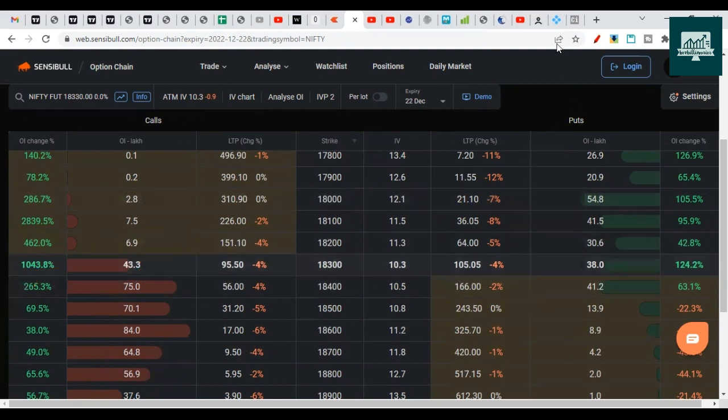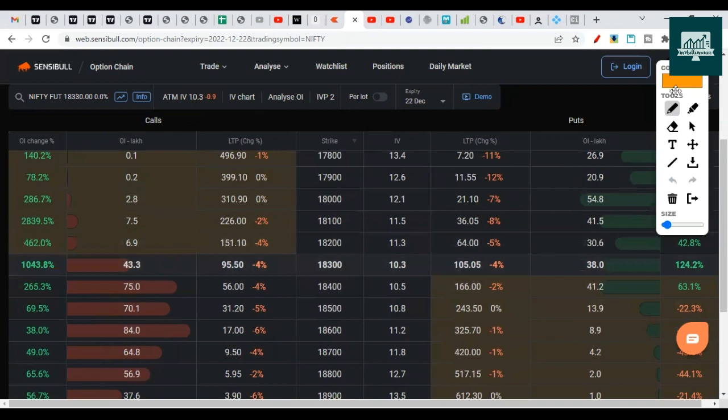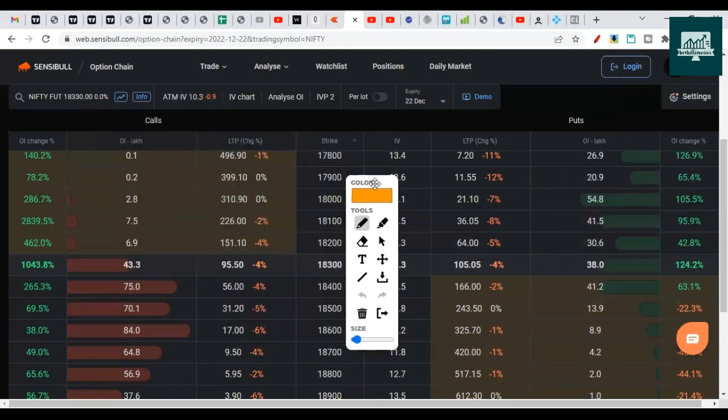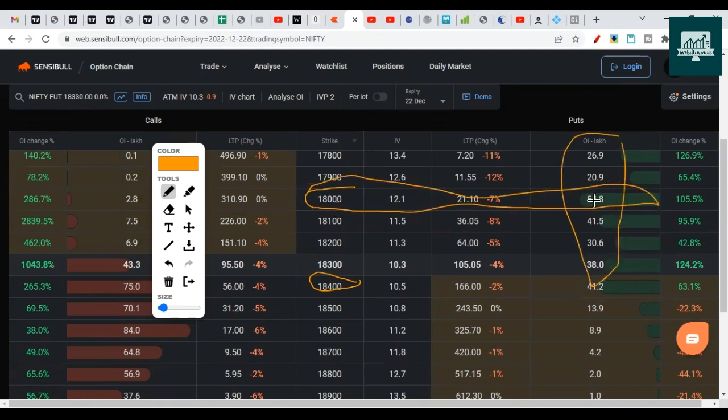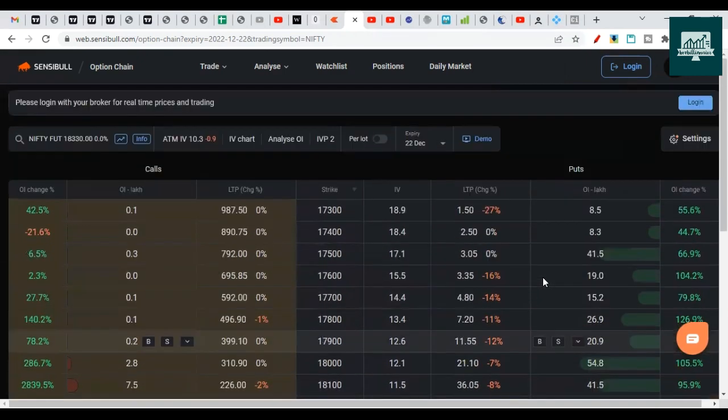On the support side, put open interest acts as a support. On the put side, you can see this was a major support. It has been broken now, and the next support lies near 18,000. On this side you see a bigger number, 54.8 lakhs, almost 55 lakhs, and no number is near that.